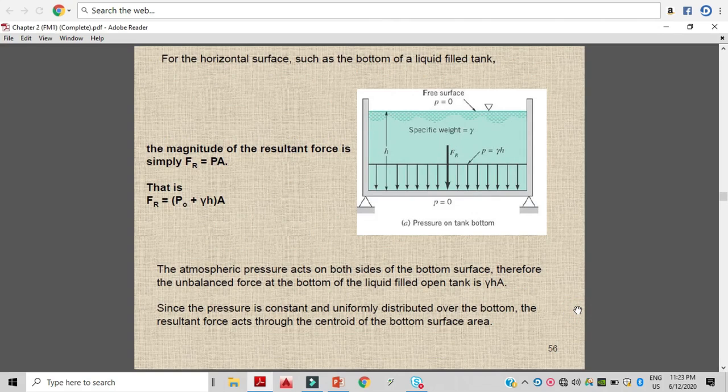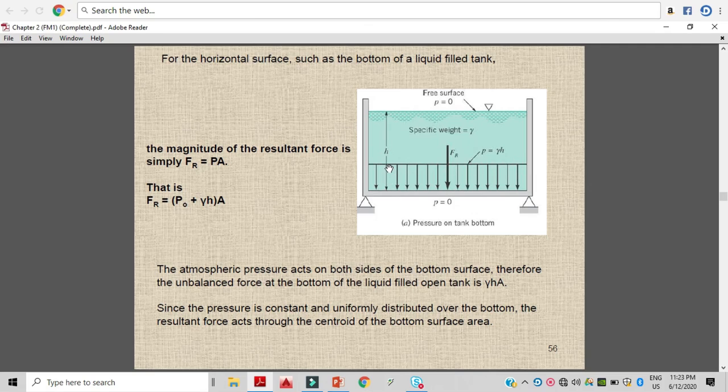normal case for the horizontal surface, such as the bottom of a liquid-filled tank. So here you can see in the picture, this is the bottom surface, which is uniform and flat, and this is a vertical surface, but at the moment we are focusing on the bottom surface, and we can see the distributed pressure on this surface is uniform.